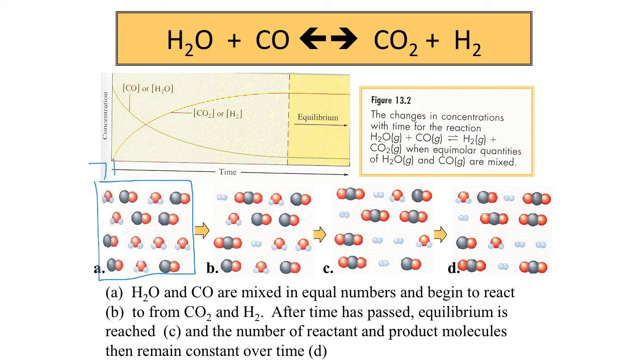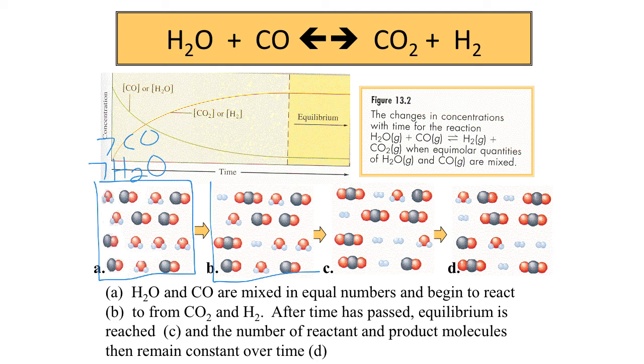So we're starting with 7 water molecules. And we also have 7 carbon monoxide molecules. Now, these just happen to be put into the container in a 1-to-1 ratio. They would not have to. Any amount could be the starting amount.